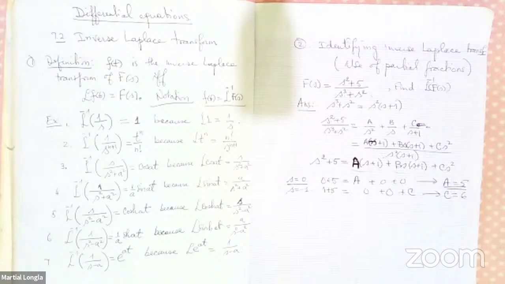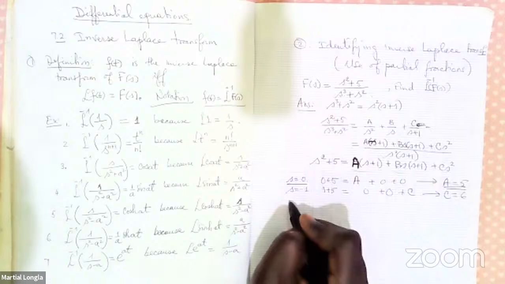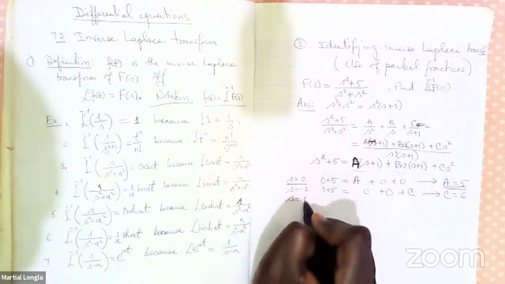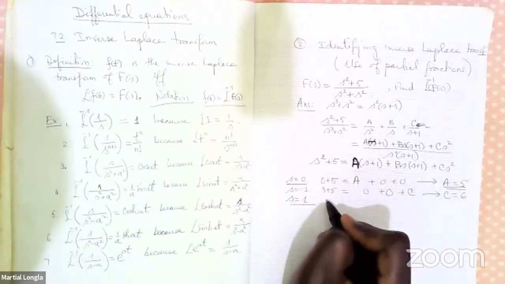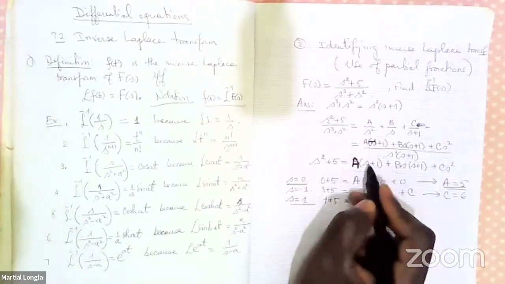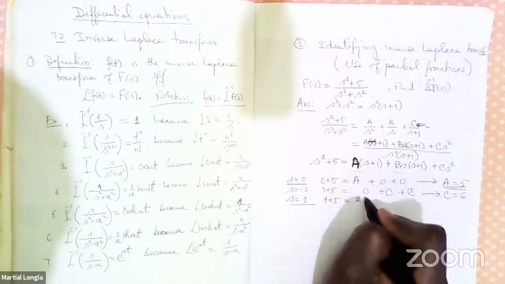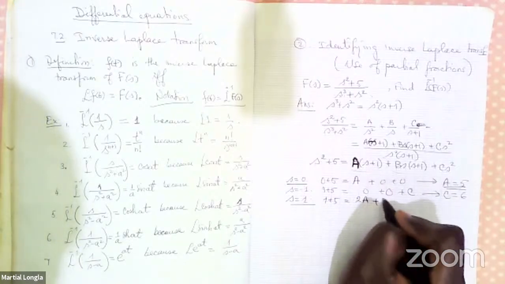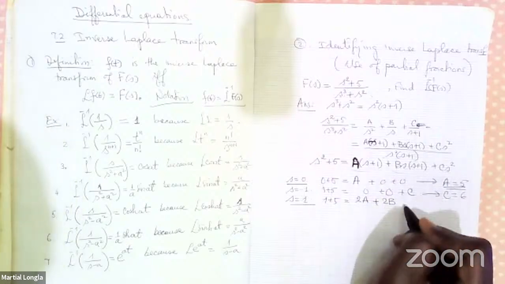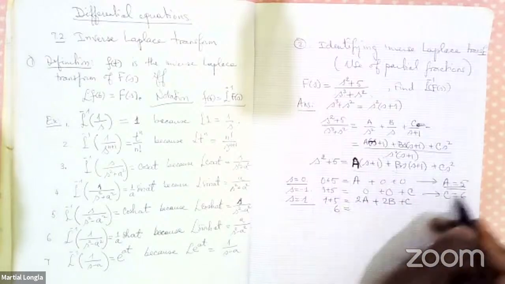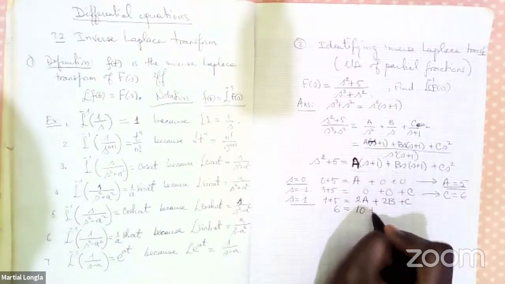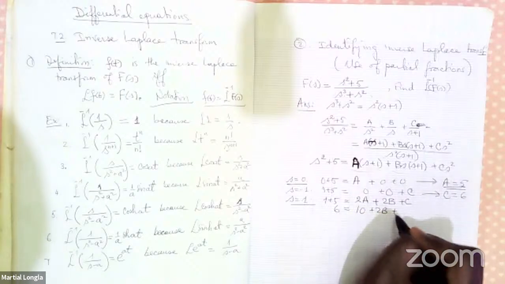Now you got A and C, and you can plug in any number that you like to find B. Here I choose s equal 1. s squared is 1, plus 5 is 6. So 6 equals 2A plus 2B plus C. A is 5, 2A is 10, plus 2B, and C is 6.